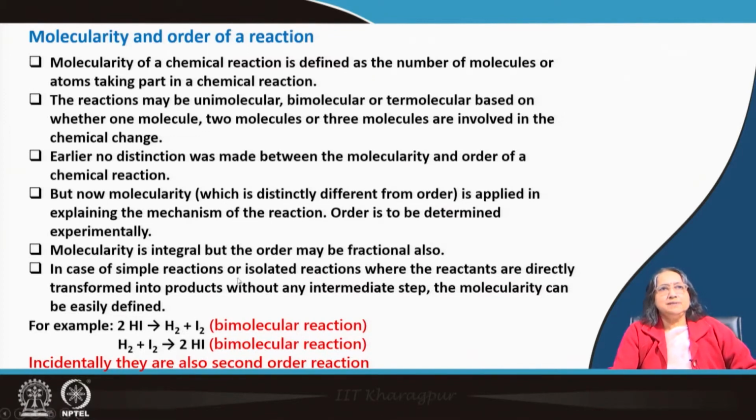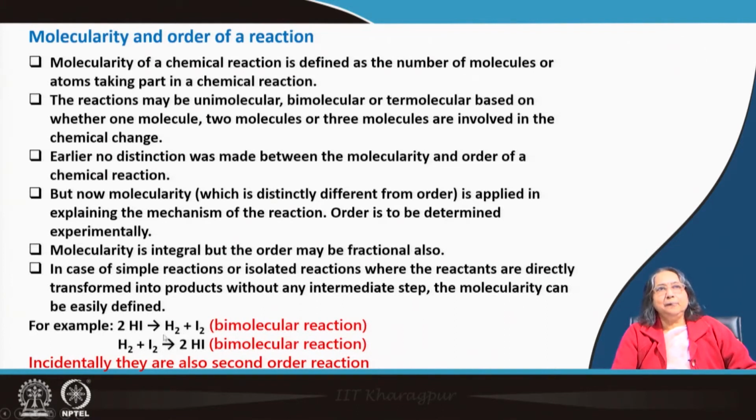Now, in the case of a simple reaction or isolated reaction or elementary reaction, I will tell you about the elementary reaction, but in those types of reactions where the reactants are directly transformed into products without any intermediate step, their molecularity can be easily defined.